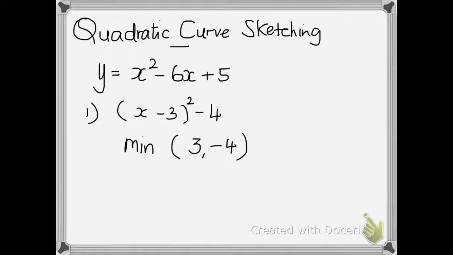How do you get 3? Whatever is in that bracket must produce a 0. So the value of x makes that bracket 0. So x minus 3 equals 0, so x has to be 3.